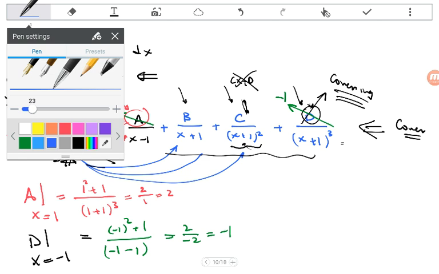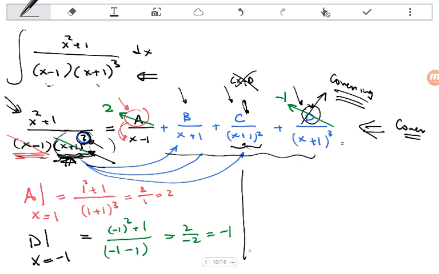I can use either of the two methods that I have learned, substitution or equating coefficients. Because there are only two constants, I can use substitution instead of the steps of equating coefficients, where I would find the powers x to the 4, x to the 3, and so on.